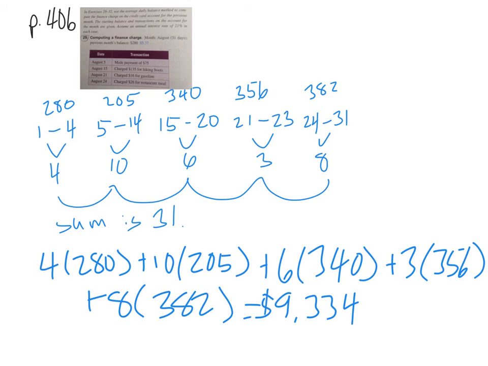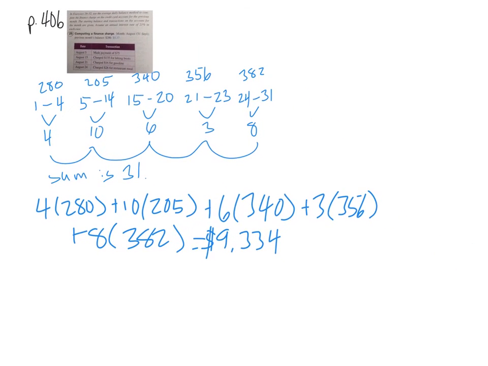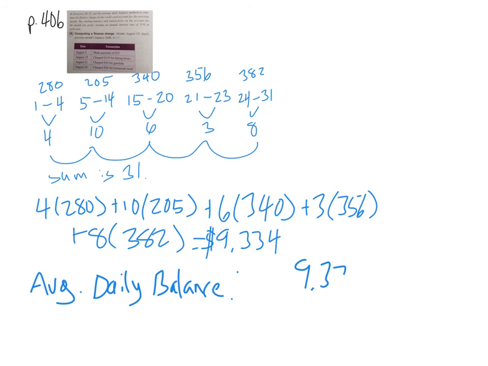A lot of work, and unfortunately we're not quite done because for this step, we're still in part 1 here. We still need to calculate the average daily balance, which just means take that number and divide it by 31. It'll be the 9,334 divided by 31.